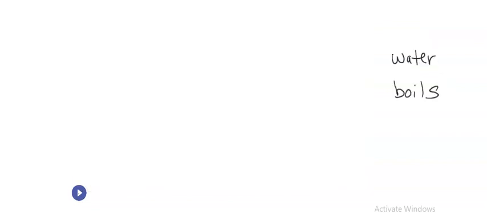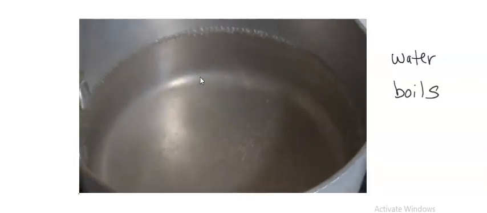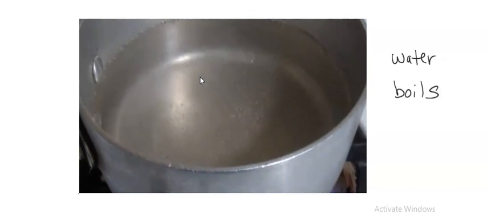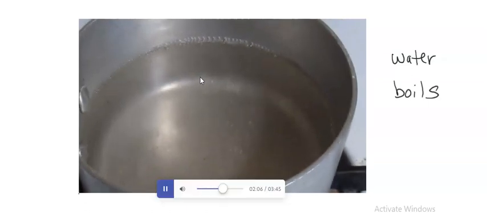Okay, another example that we see here is when water boils. So when I turn on this water and you look at the water, at first it looks like nothing's happening, but as time passes by, little by little you see bubbles rising to the top, causing it to boil.